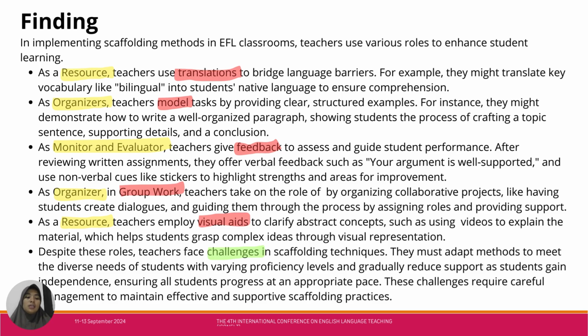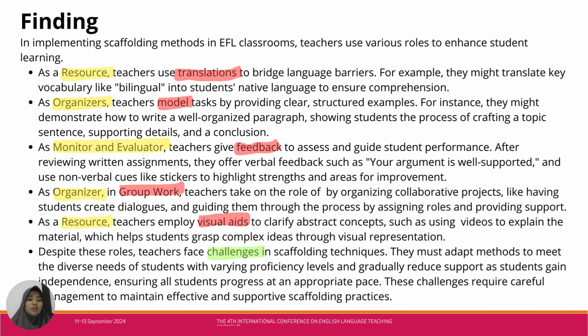And then the next is teacher as organizer. In group work, teachers take on the role by organizing collaborative projects, like having students create dialogues and guiding them through the process by assigning roles and providing support. And then the next is teacher as a resource.